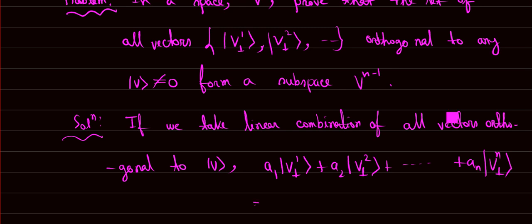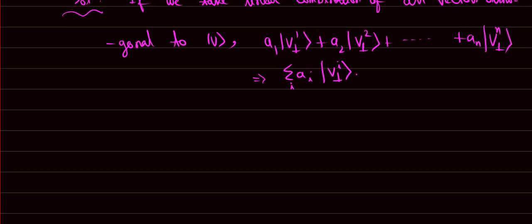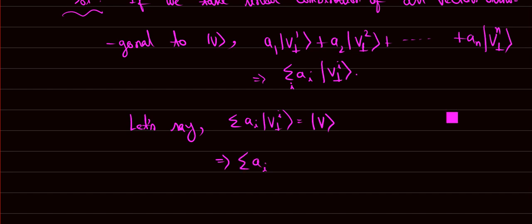We can easily denote it like this with a summation sign: sum of Ai times V orthogonal i cap. Let's say this is equal to our V vector.